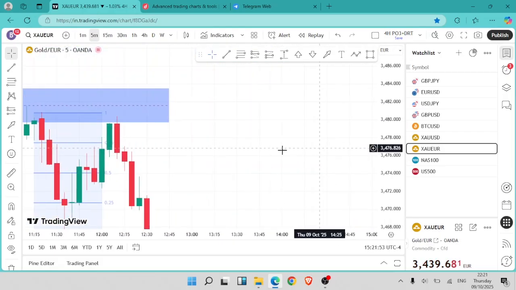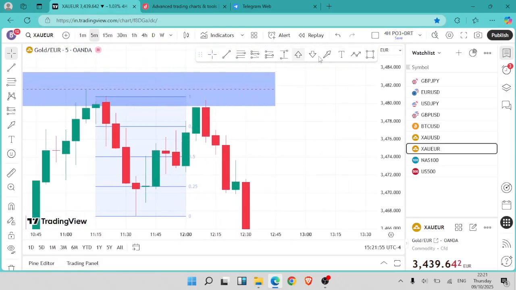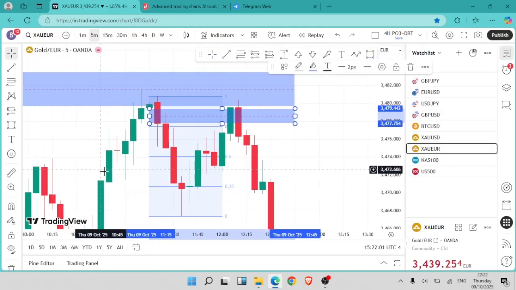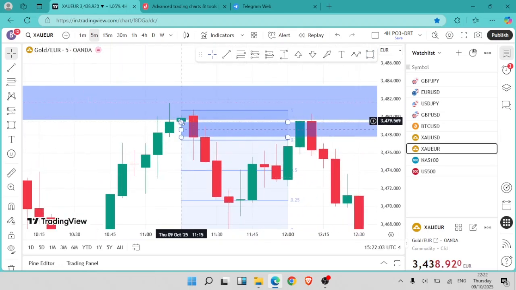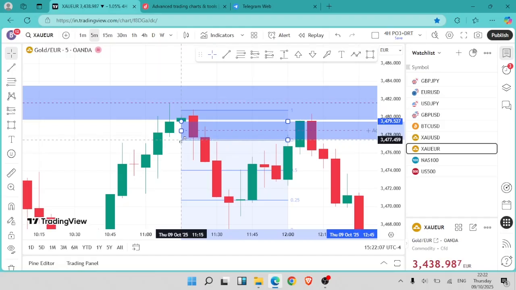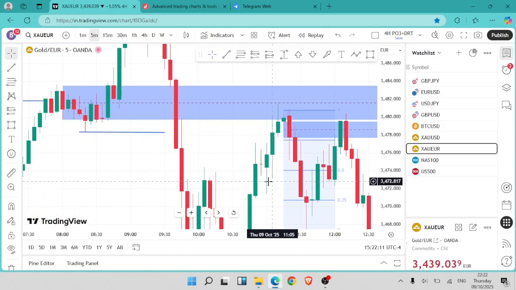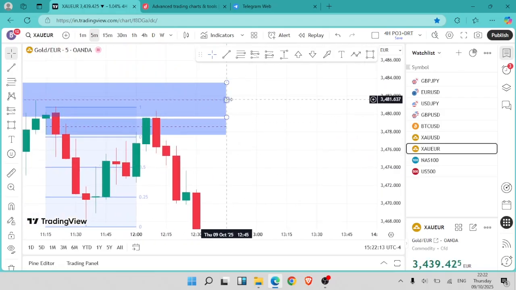Our entries will be based on a one candle change in state of delivery, which is this. Now you mark the wick to body, like that. This zone here is where our entry is going to be based off.